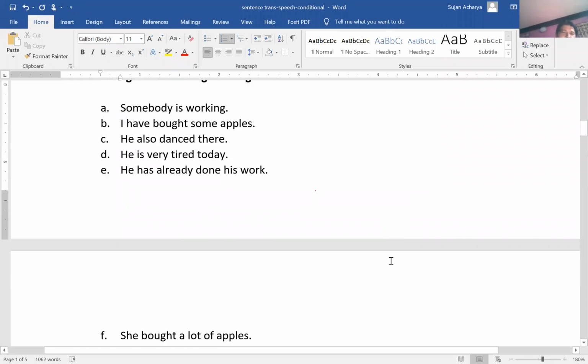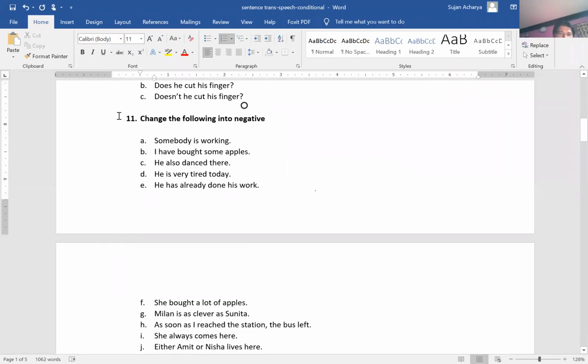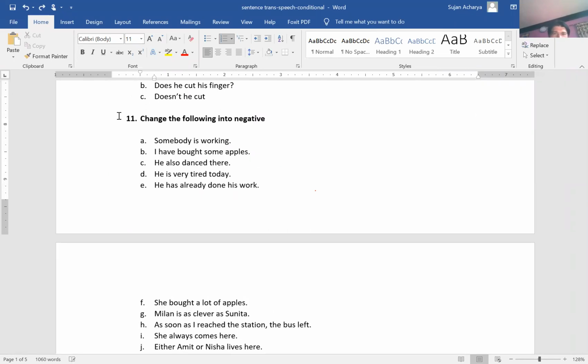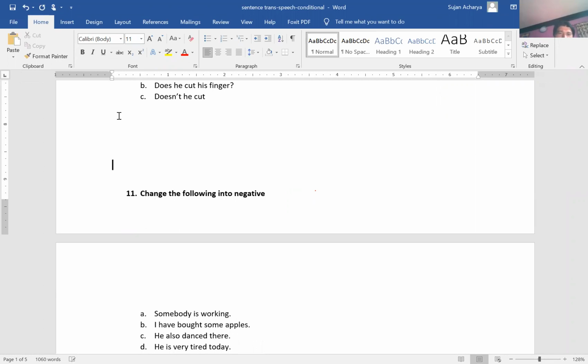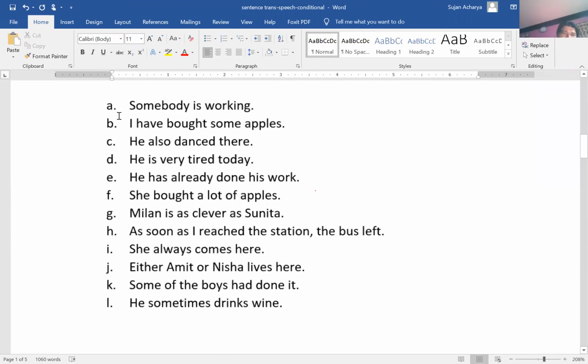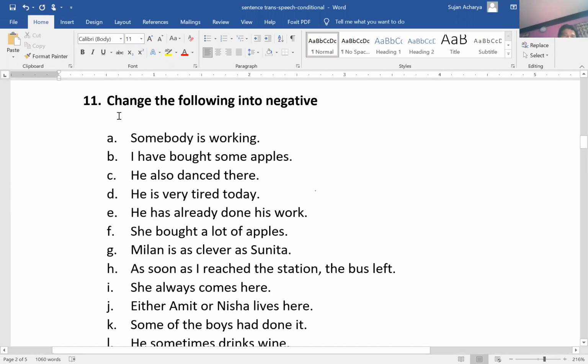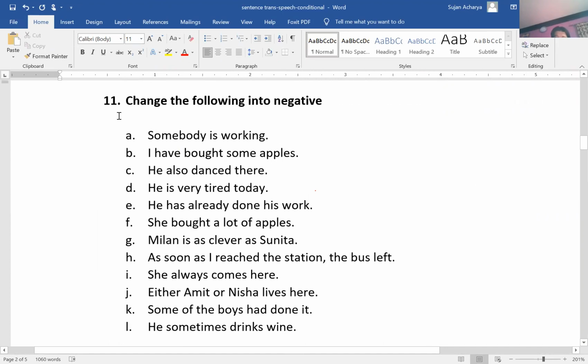Now, number 11. Do these. Now change these sentences into negative. You better copy these sentences. They are important. Till then, I'll look for the file if I get it anywhere.